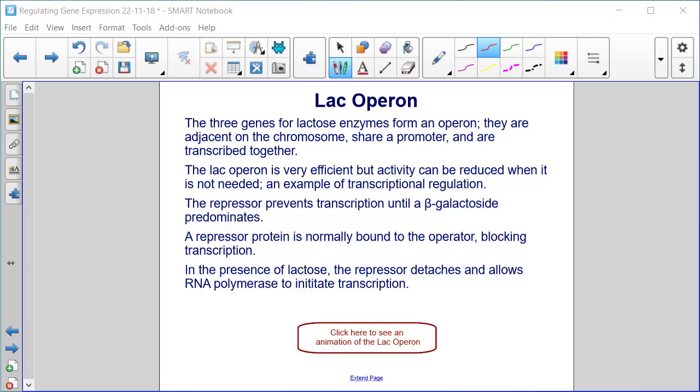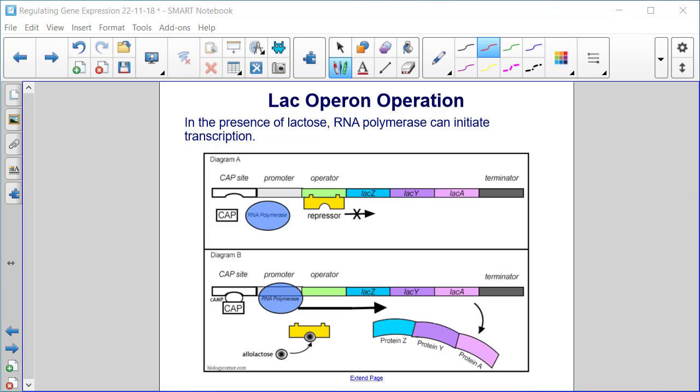An example of transcriptional regulation. The repressor prevents transcription until a beta-galactoside predominates. A repressor protein is normally bound to the operator, blocking transcription. In the presence of lactose, the repressor detaches and allows RNA polymerase to initiate transcription.